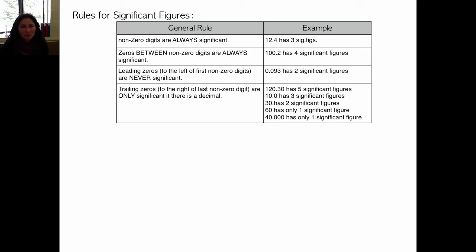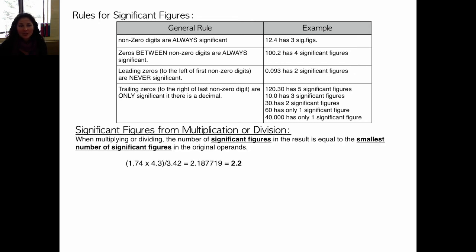So these are the general rules if you're given a number. And you'll need to remember these rules as you're doing mathematical manipulations. The rules are different depending what mathematical operation you're doing. First, let's talk about significant figures during multiplication or division. When you're multiplying or dividing any numbers, the number of significant figures in your answer must be equal to the smallest number of significant figures in the original operands.